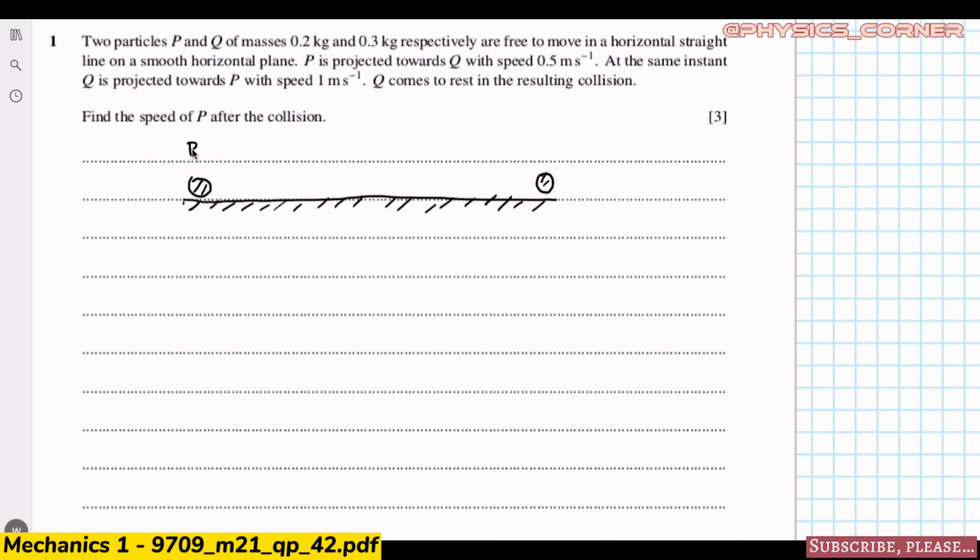This is P and this is Q. P moves towards Q with velocity 0.5 m/s, and Q also moves toward P with velocity 1 m/s. The mass of P is 0.2 kilogram and the mass of Q is 0.3 kilogram.